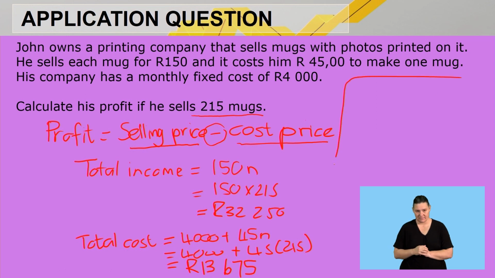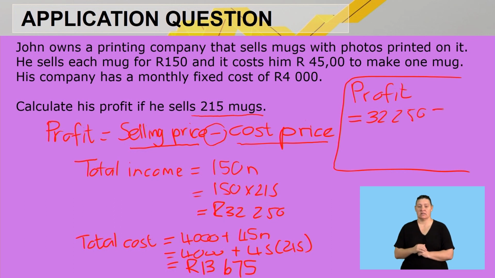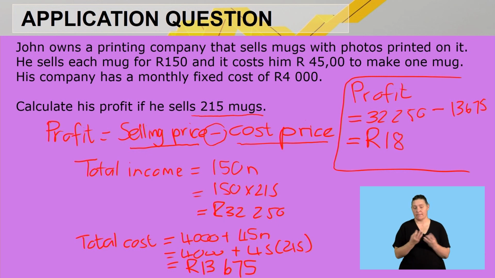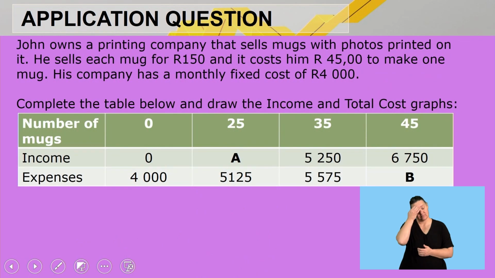So if we write the profit here, the profit is going to be the 32,250 minus the 13,675, and then we'll see that he will make a profit of 18,575 Rand, which is quite a lot for 215 mugs.